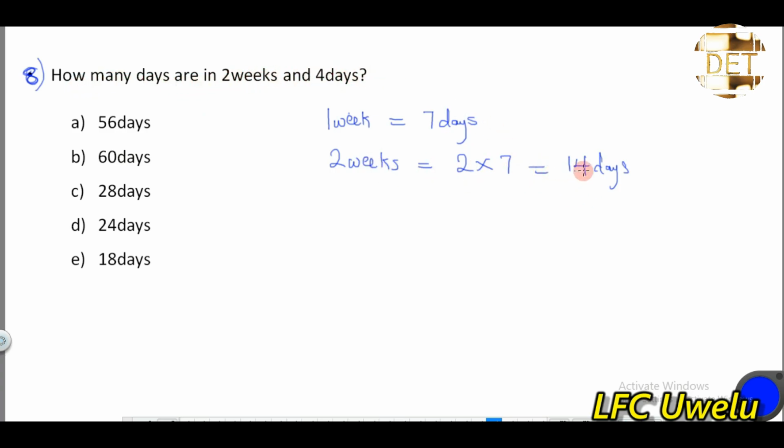So 2 weeks is equal to 14 days plus the 4 days that I have there. 4 plus 4 is 8, carry 1. So 2 weeks, 4 days is equal to 18 days. So the correct answer to this question is option E, 18 days, right?